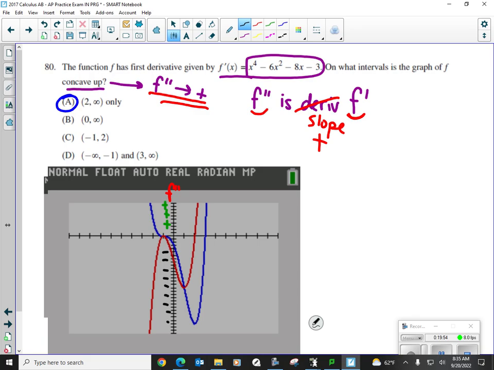So I want to figure out where my second derivative, that red line, is above the x-axis. Right here at 2, these are all positive y values on the red line, which means from 2 to infinity.